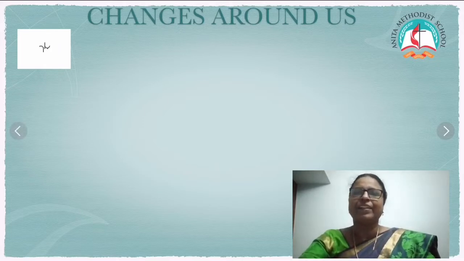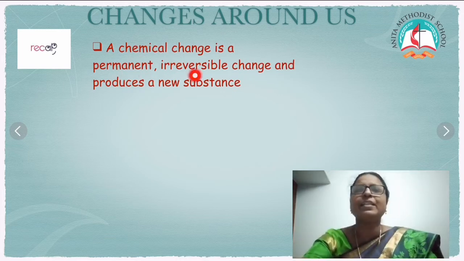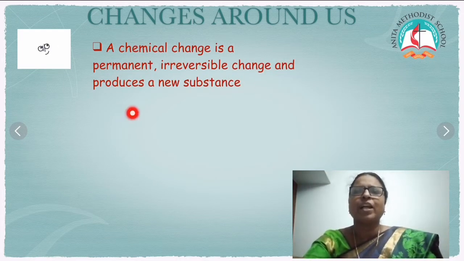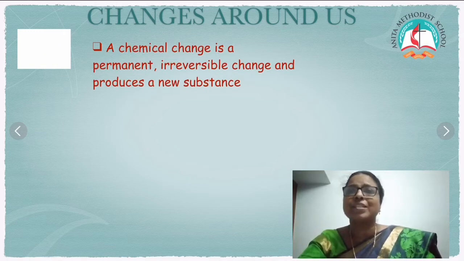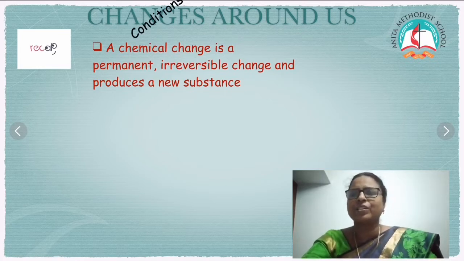Let's have a recap. In the previous class, we learned about chemical change. What is chemical change? Chemical change is a permanent, irreversible change that produces a new substance. Then we learned the conditions for chemical reactions.